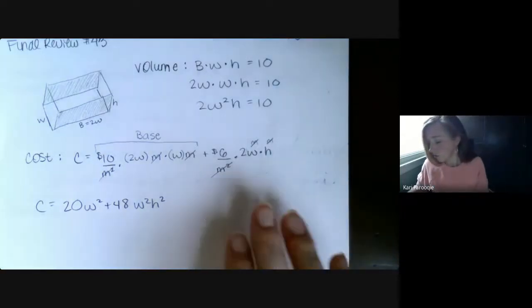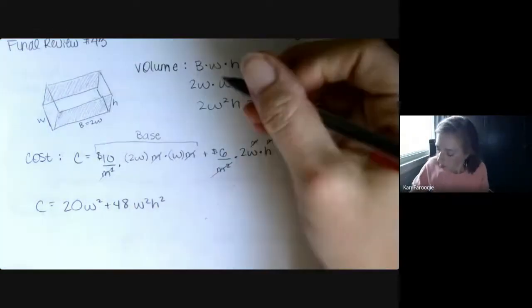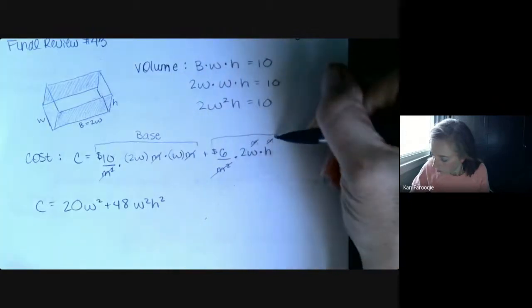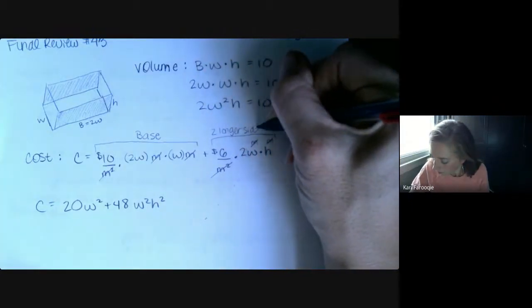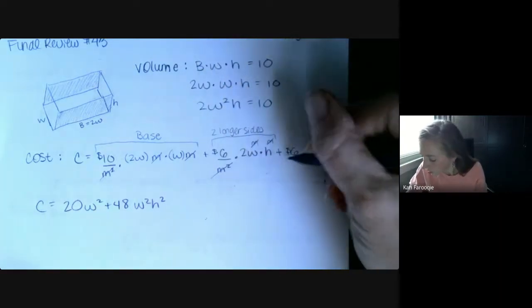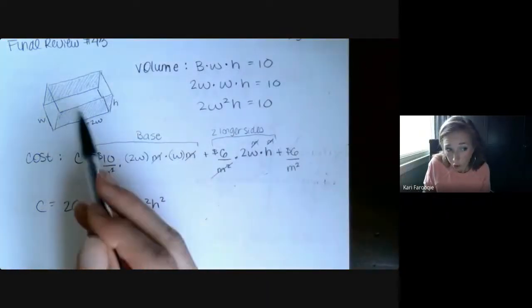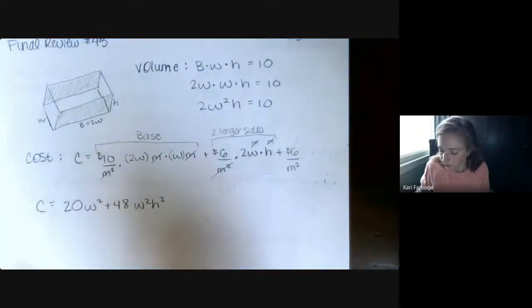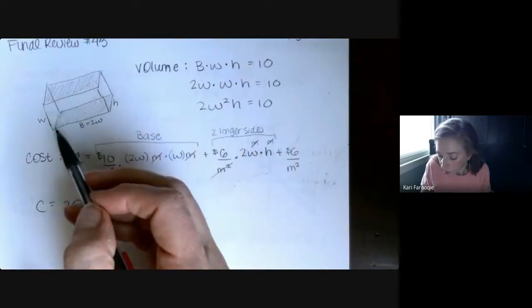So this will be the cost. Let's see. The material for the sides is $6 per square meter. So this will be the cost for the two longer sides. And then we'll add that to the $6 per meter squared, and then we'll add that to the cost for the two shorter sides. I don't want to shade these because then it'll be super confusing.